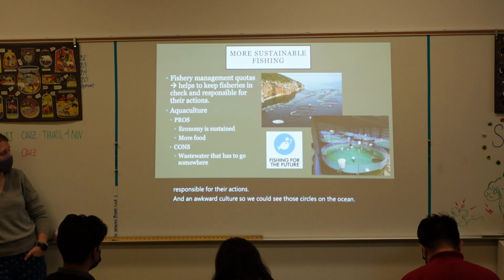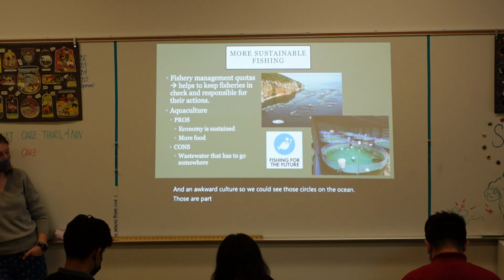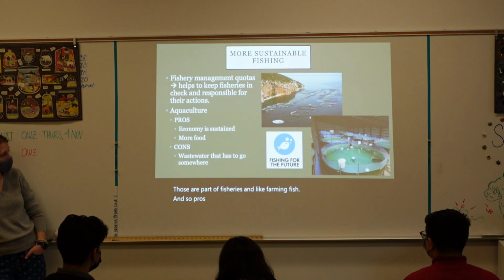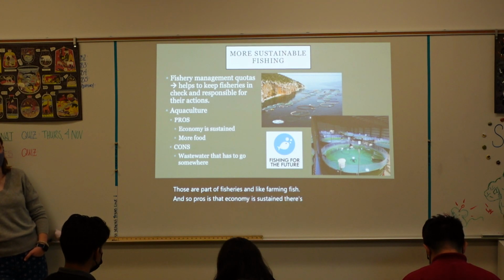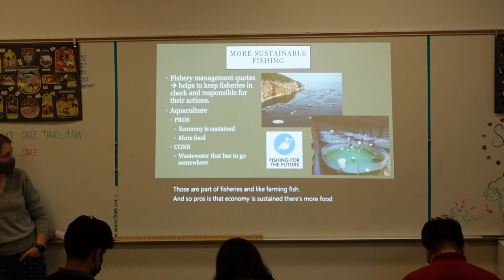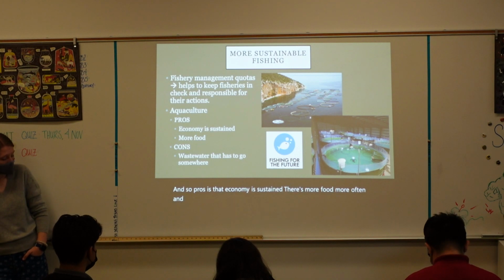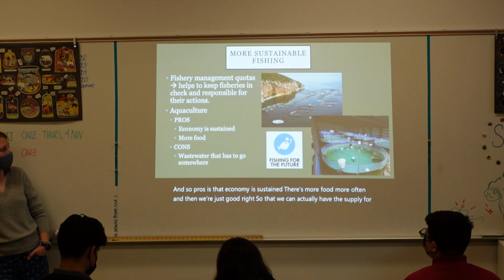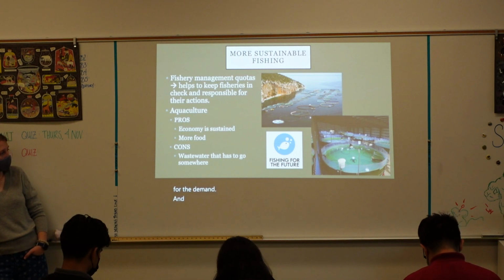Those are part of fisheries and farming fish. The pros are that the economy is sustained, there's more food, more often, which is good, right? So that we can actually have the supply for the demand. And then the cons is that wastewater has to go somewhere.